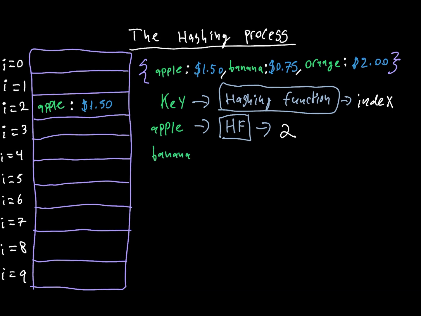For banana, we pass it into the hashing function. It's going to map to index 9. So the key is going to be banana, and the value is going to be 75 cents.